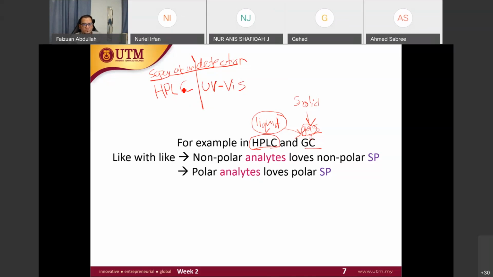So after being separated using HPLC, the detection can be made by UV-Vis, or we also have fluorescence. Maybe a wrong spelling, but the idea is fluorescence. So this is for HPLC.